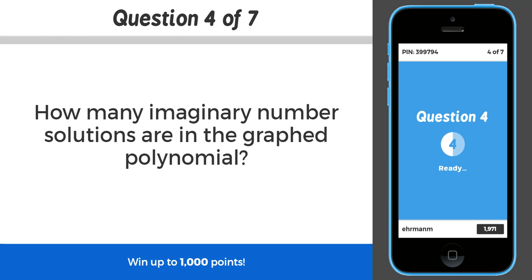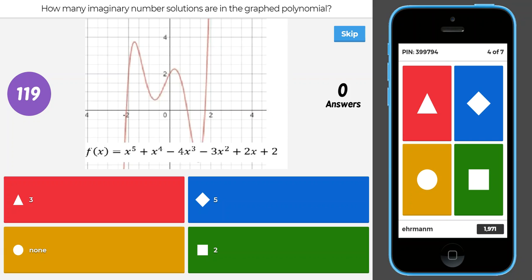Let's see another. Imaginary number solutions or complex number solutions. Well, in this particular function, it's got lots of curves and turns to it, but that doesn't indicate solutions. Solutions exist at the x-axis. So according to this picture, I have 1 real, 2 real, 3 real solutions. And that's all well and good. I know that I have 3 real number solutions, but since the equation is provided to us, x to the 5th power is our degree, then the degree of 5 tells me that there's a total of 5 solutions.